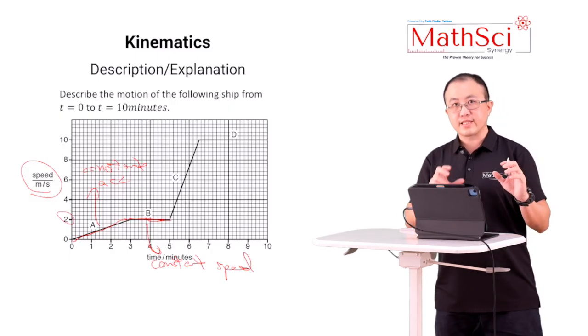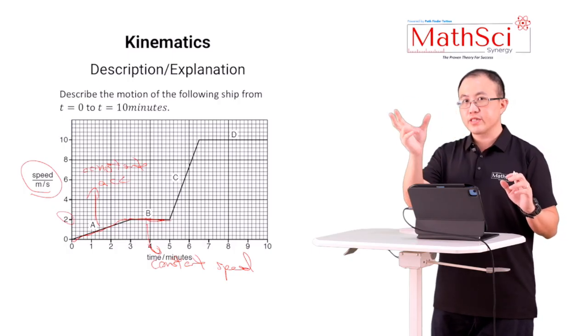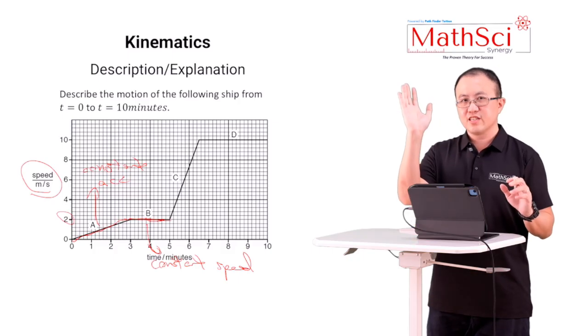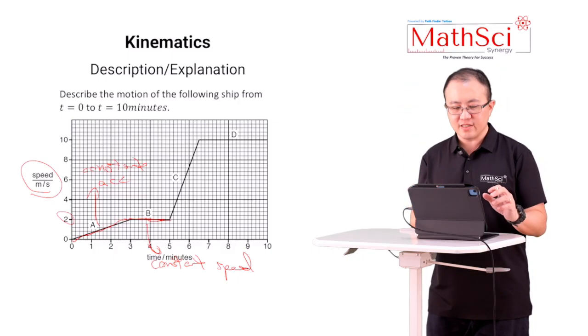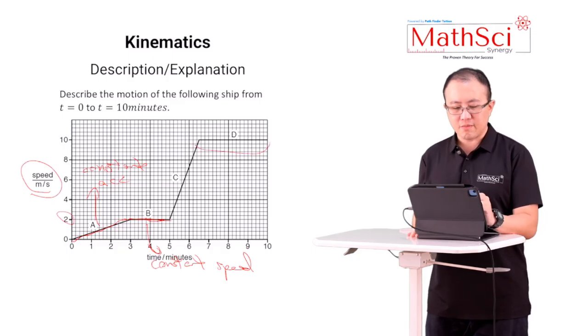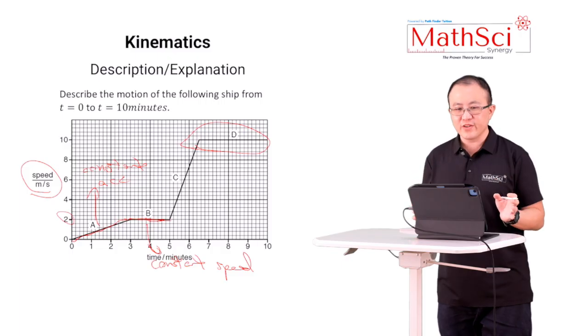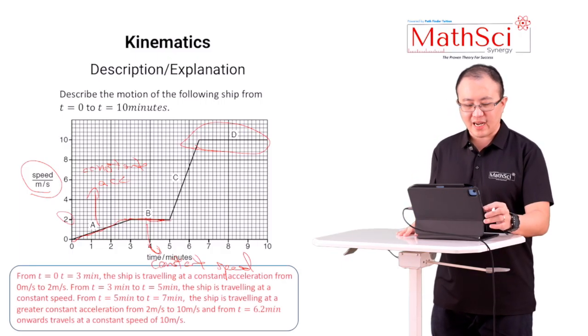Then at the C section, this is the part where your speed is increasing again, but relative to the first part, you notice that it's more steep, which also means that acceleration has changed, something that you can point out in your answer. And of course, last but not least, coming back to the horizontal again, you did not stop, you are still moving, but just now you move faster. So this will have been my answer.